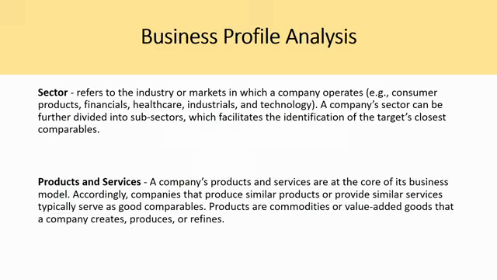In one case, the company is susceptible to the commodity price and its supply and demand within the market, whereas in the other, they're setting their price because they're producing a value-added good. So it wouldn't be fair to compare a company that produces commodities with one that produces value-added goods.